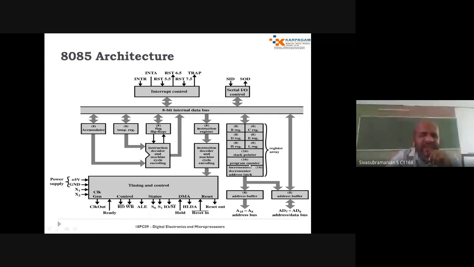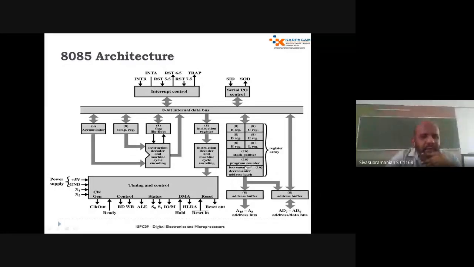And these arithmetic operations are things like addition, subtraction, comparing two numbers, incrementing a value, decrementing, and finding the complement of a value. So these are a few of the arithmetic operations that can be done. And logical operations, of course, AND, OR, XOR, all of this can be performed on the data available in the memory.